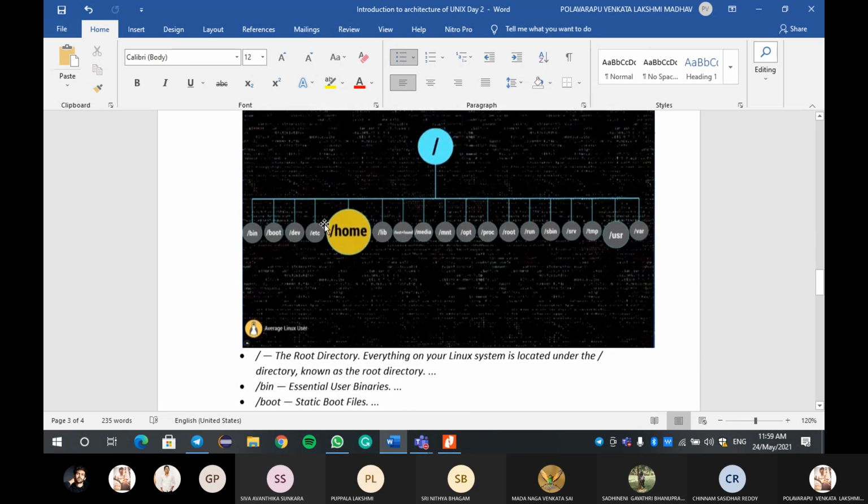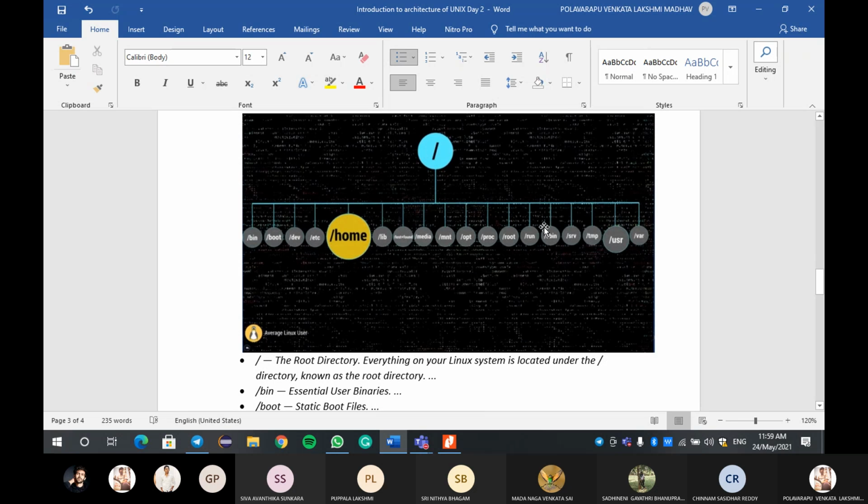And then the root directory. The root directory is nothing but predefined functions. For example, in the C language, we include stdio.h and conio.h as libraries, right? These libraries are used for some inbuilt functions.